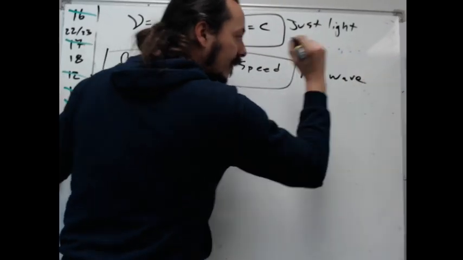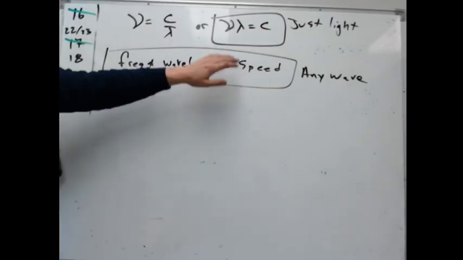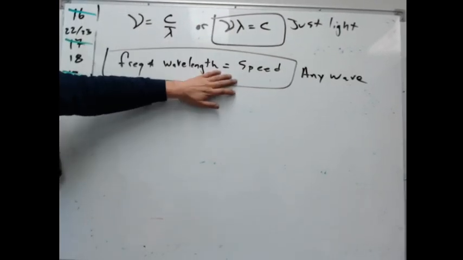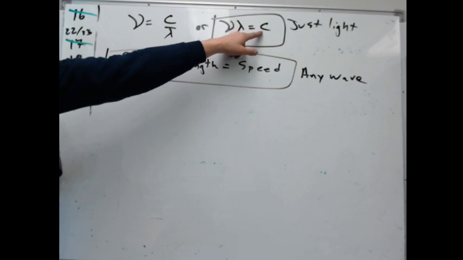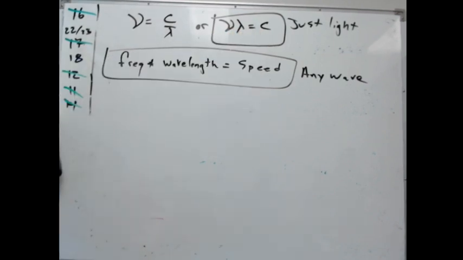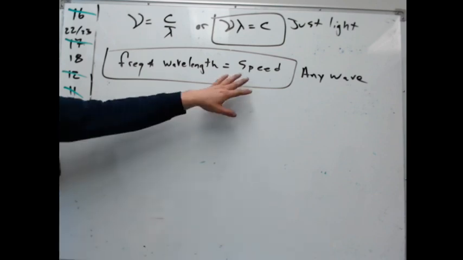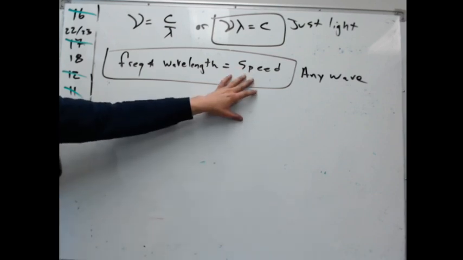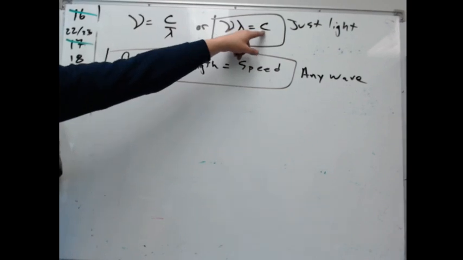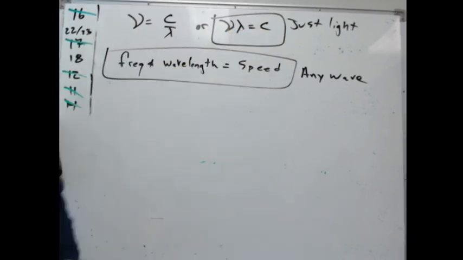It just happens that light is a wave with a particular speed. That was one of the funny things. I do have students who say, oh, so the speed of light can have multiple values. I'm like, no. A wave can have multiple speeds, but light is a wave with a particular speed.